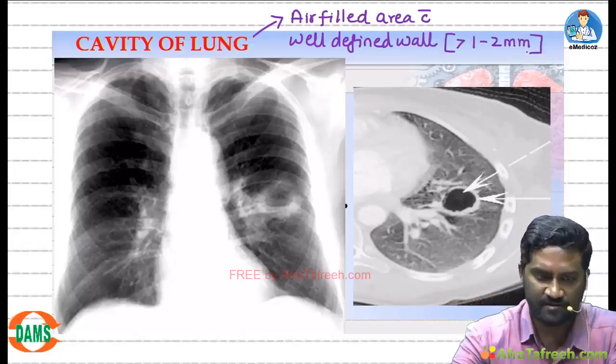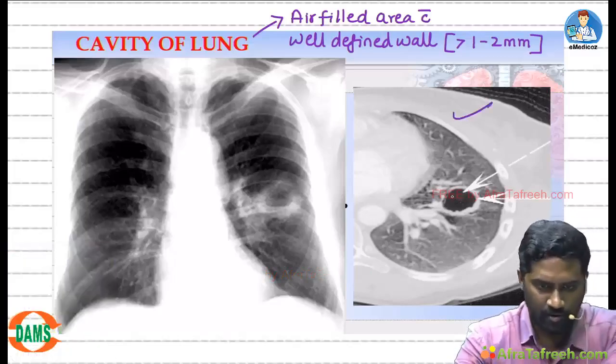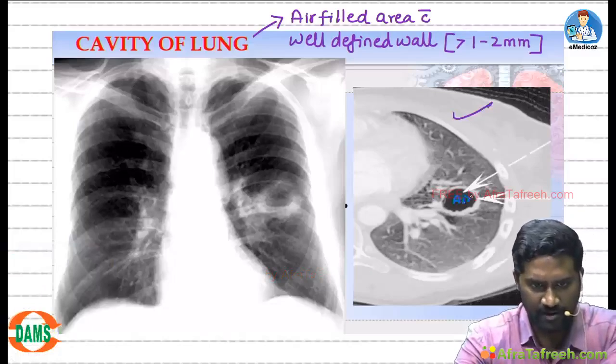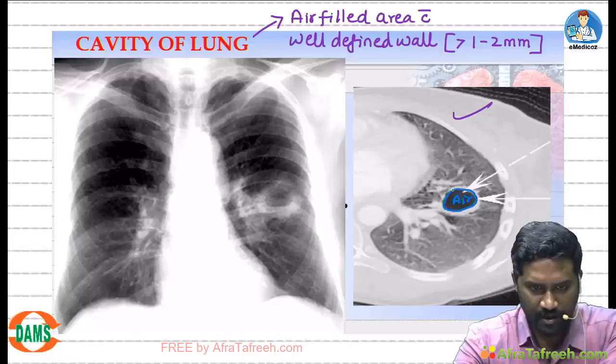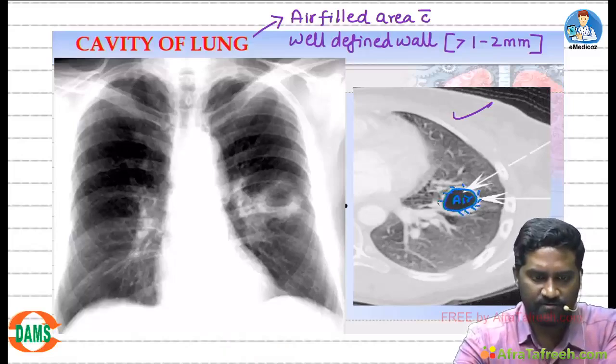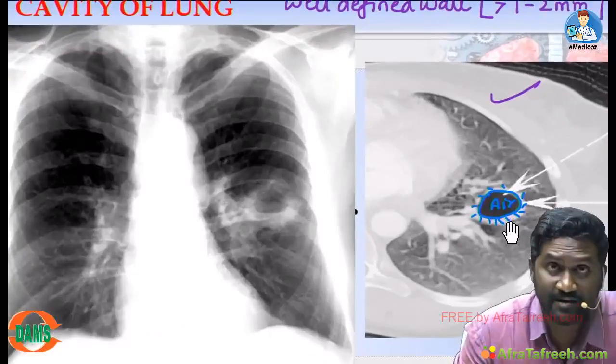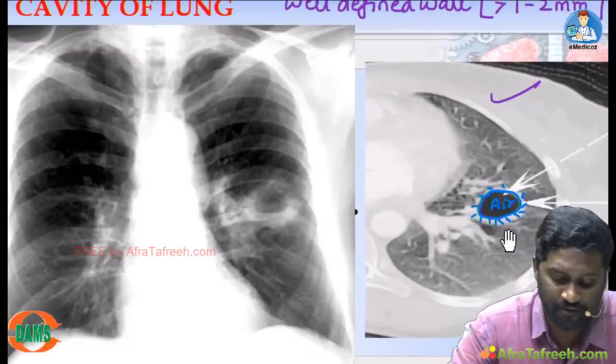First we will see in a CT scan. To call it as cavity, always notice the air-filled area. This is the air-filled area. Around that you should identify the well-defined wall. Can you notice, students, around this air-filled area there is a whitish density. So this whitish density is nothing but its wall.